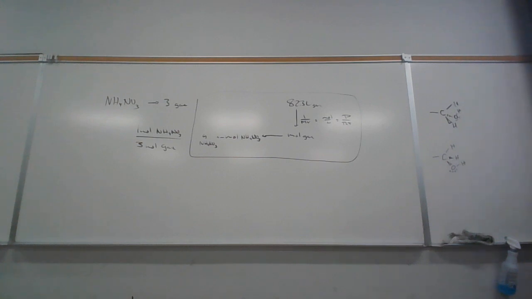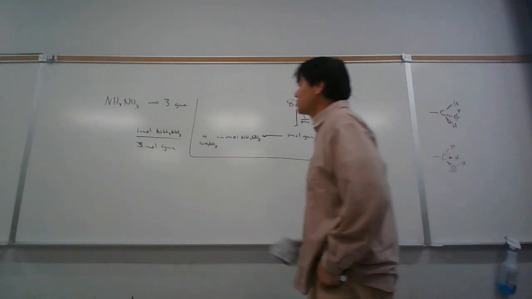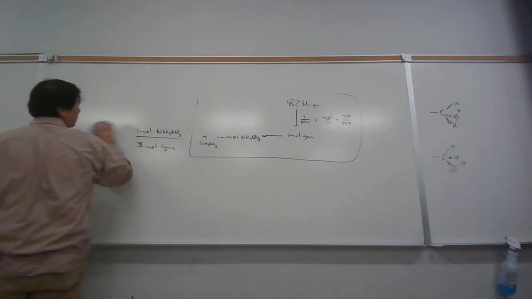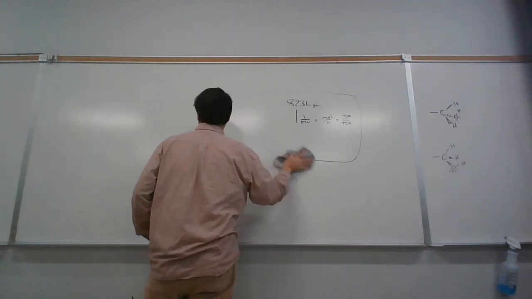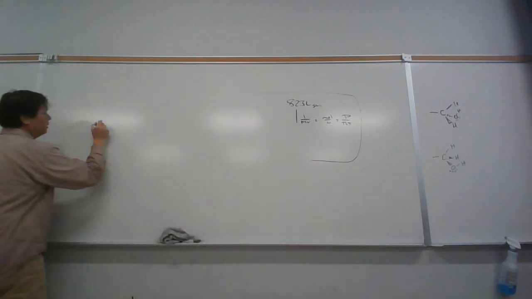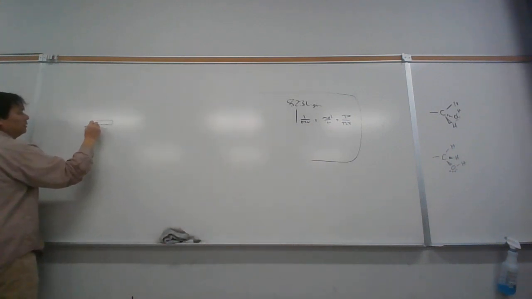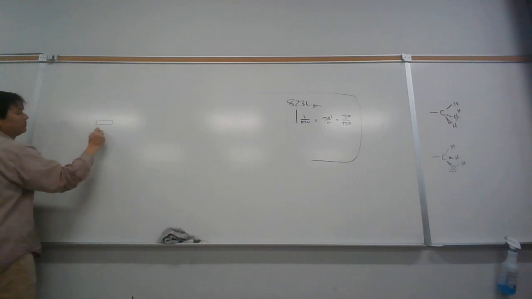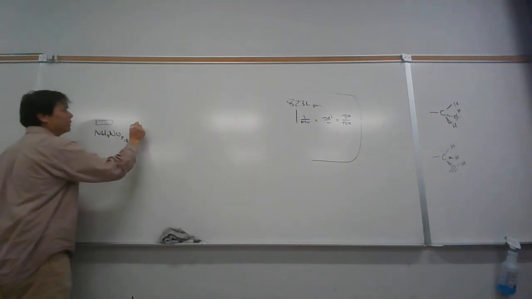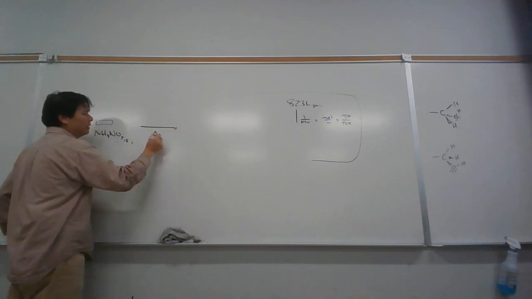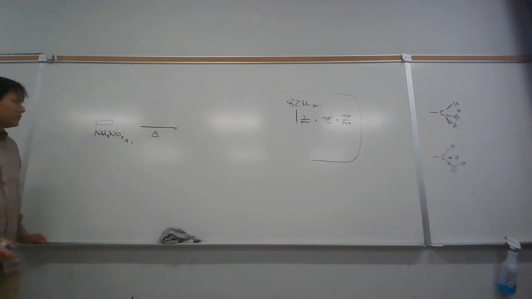Well, this one's going to be more difficult because what we end up with is a gas mixture. So let me look at it like this. First off, we just have solid ammonium nitrate. And it's going to take up maybe this much volume here. And then we heat this up. And it can decompose into a lot of different things.